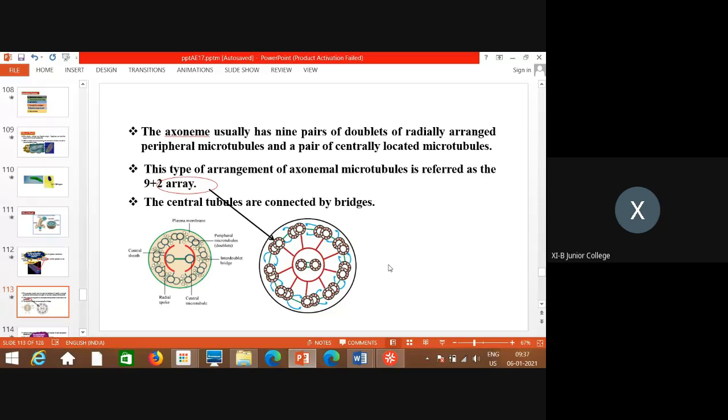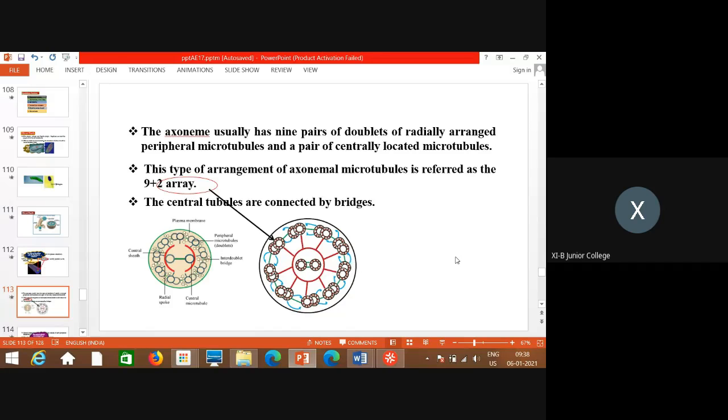So the axoneme usually has 9 pairs of doublets of radially arranged peripheral microtubules and a pair of centrally located microtubules. This type of arrangement of axonemal microtubules is referred to as the 9 plus 2 array. The central tubules are connected by bridges. Here, these two tubules are connected by bridges. Here also you can see in the diagram.